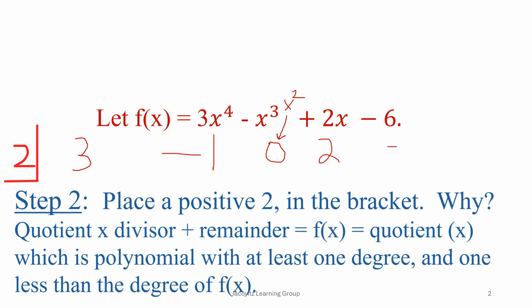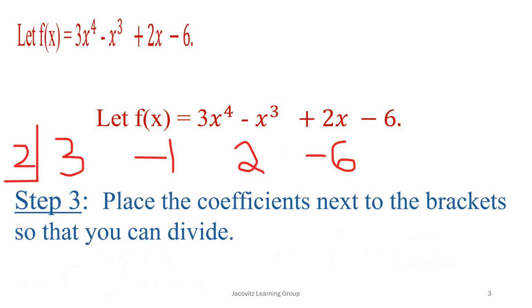And you place your constant, which is -6. I know I said put 2 on the outside, but this is -6. So you have 2, 3, -1, 0, 2, and -6. Those are your coefficients. Again, there is no x squared term, so of course you have to place this 0 here.